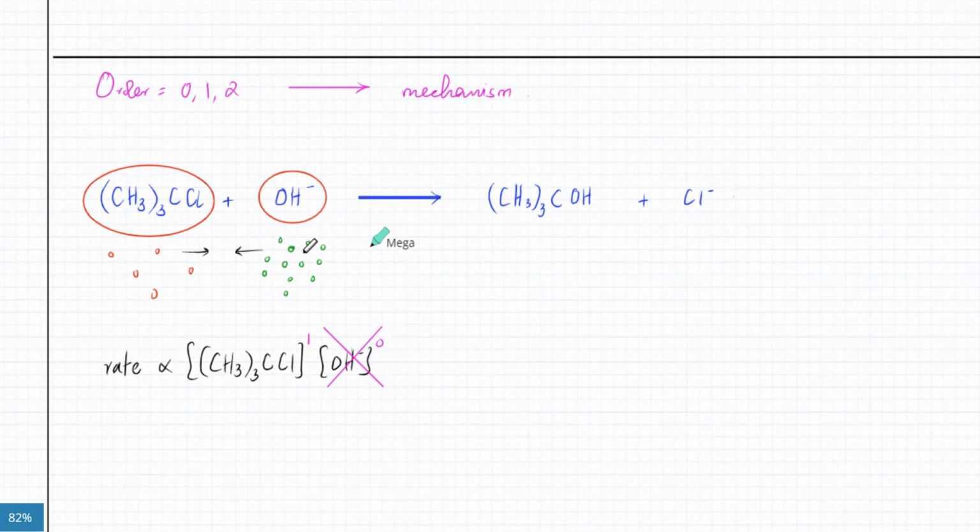So the point I'm trying to make is, how does order 0 make sense? If you increase the concentration of the reactant, the collisions would increase, so the reaction should speed up. But order 0 indicates, what does it say? It states that if you increase or decrease the concentration of X, not of X, of OH minus in this case, the rate of the reaction remains unchanged.